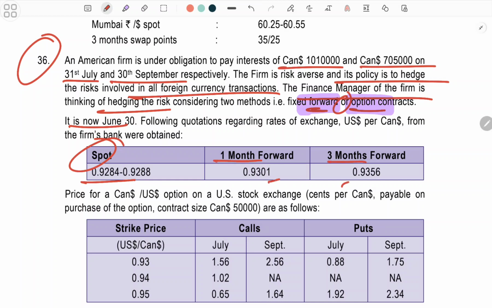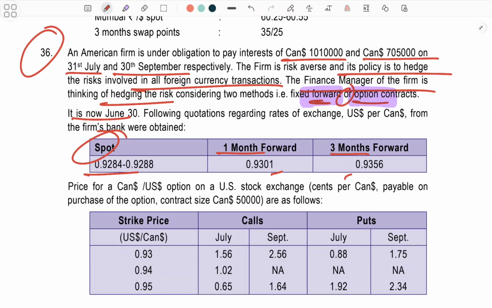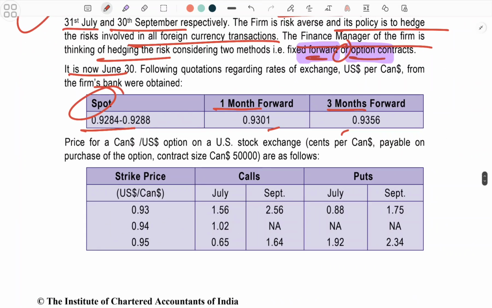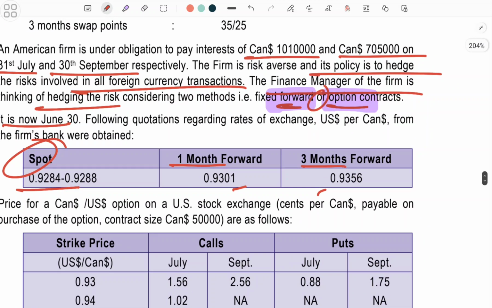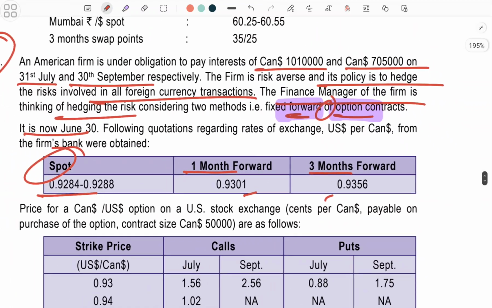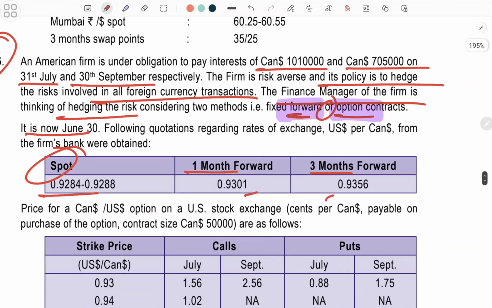Using these rates, you can very easily find the forward contract cover rates, which is the outflow in case you are hedging through a forward contract. Let's do that before we move on with the question. It's very simple. Canadian dollar is my exposure. My rates are also US dollar per Canadian dollar, that is the quote given to me.